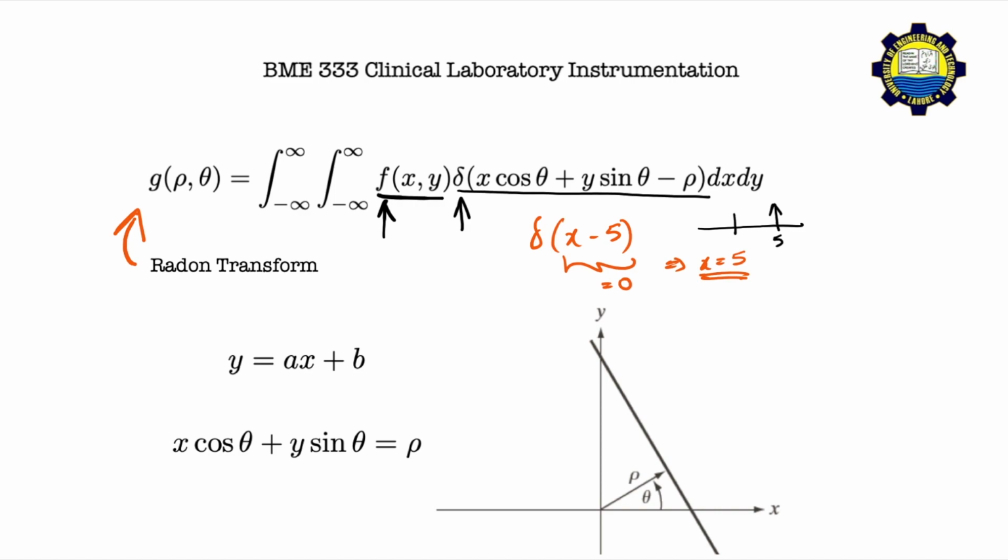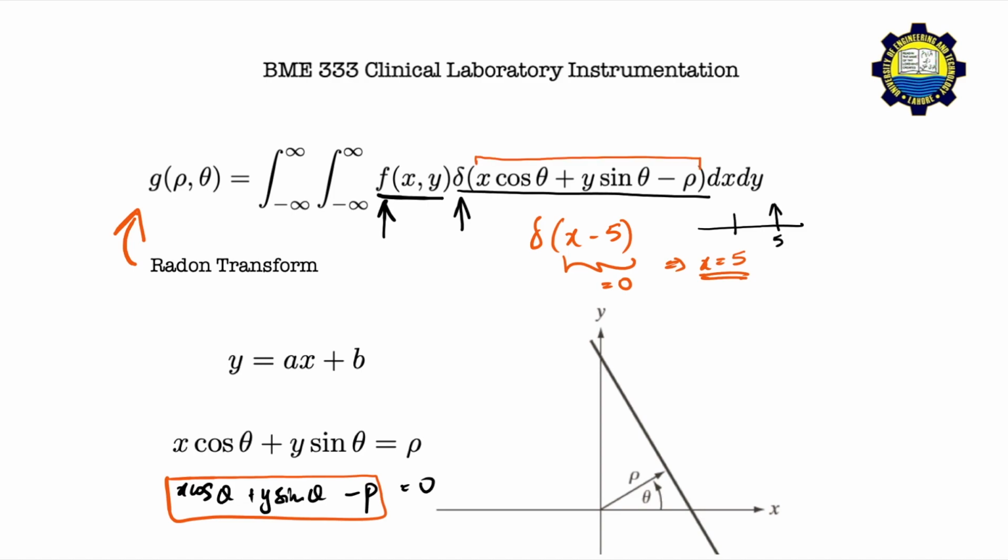Right? Now have a look at this, exactly the way from the equation of the line that we had. If I were to say x cos theta plus y sin theta minus rho equals 0, remember, this is still the equation of the line, but you put this in the impulse function as we have placed it here.